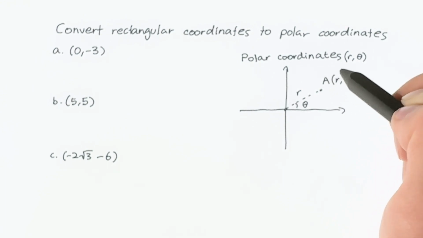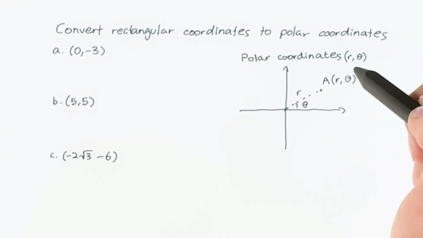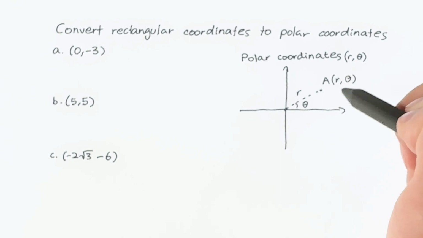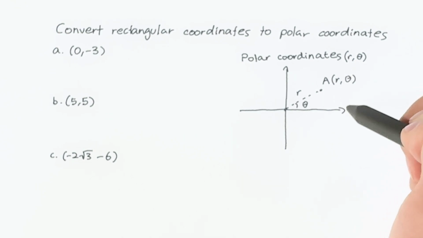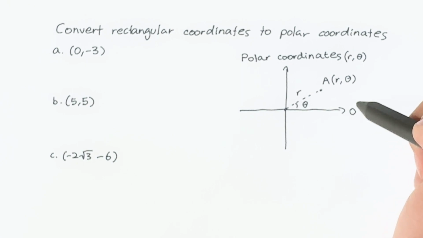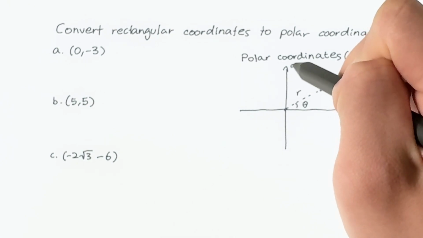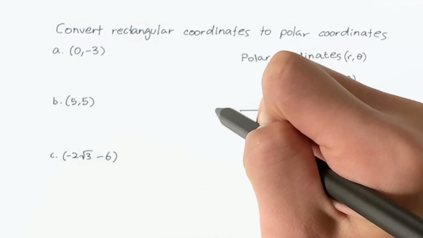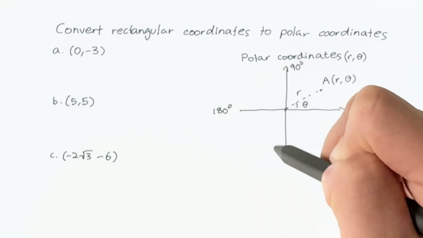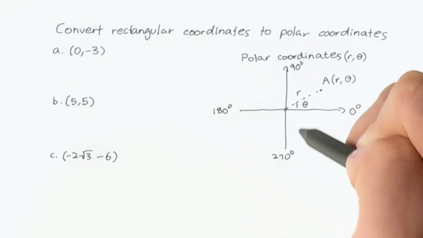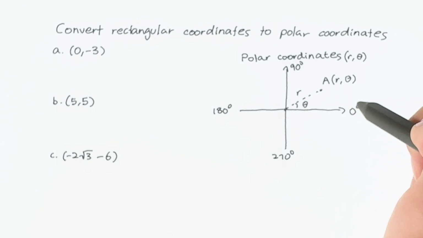Now, to measure the angle, it is the same way as measuring an angle on a unit circle. This means that if we call these angles 0 degrees, 90 degrees, 180 degrees, 270 degrees, we go counterclockwise starting from 0.